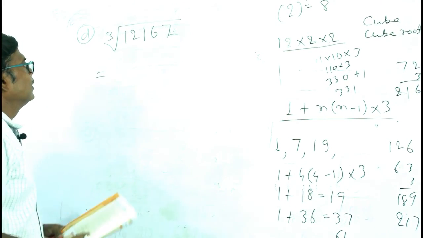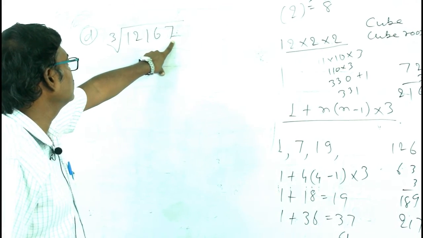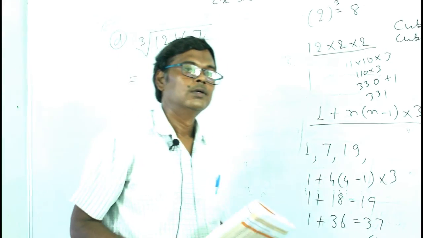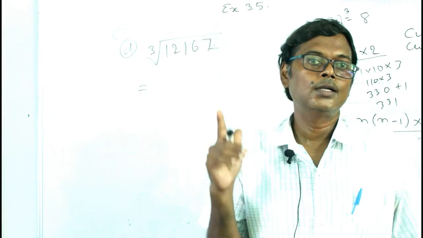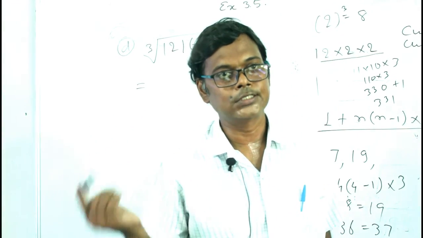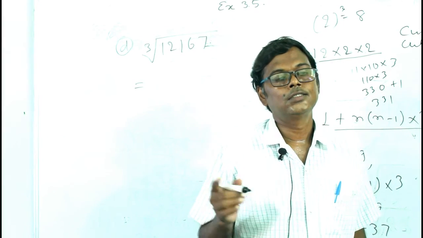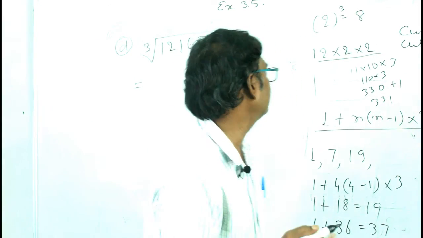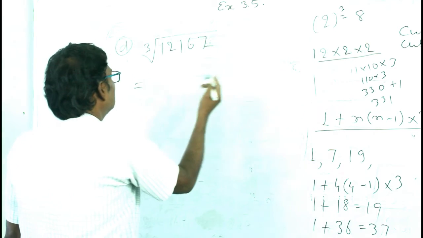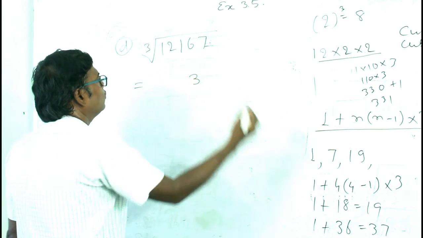Now see here the digit at the ones place is 7. So when you cube the number 3, 3 3s are 9, 3 9s are 27. So in the cube of 3 the digit 7 comes in the ones place. So in the cube root, 3 will be at the ones place.